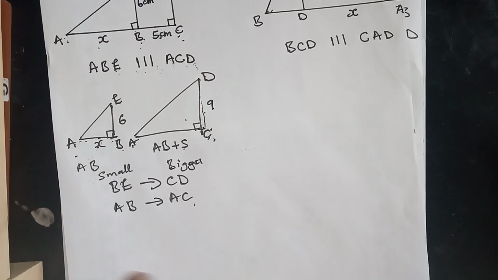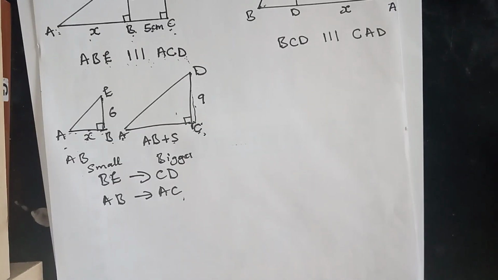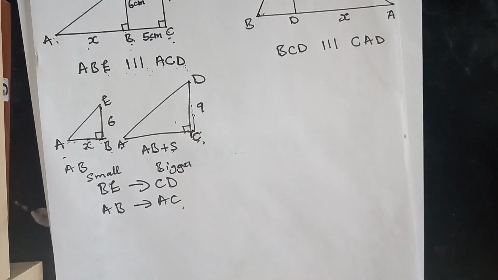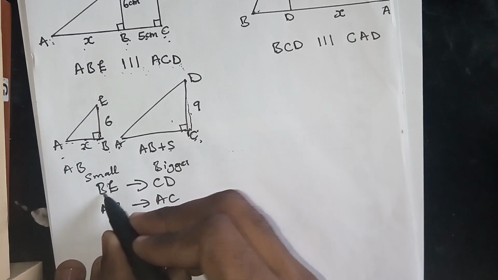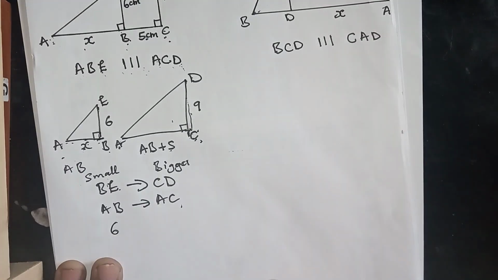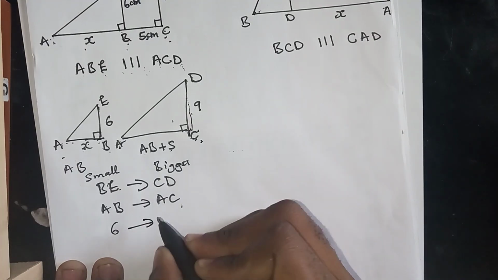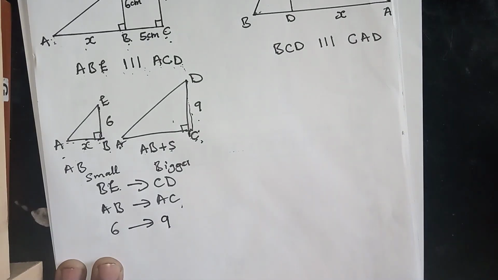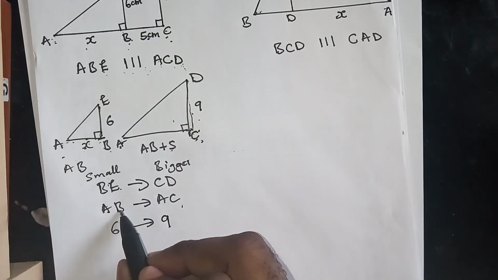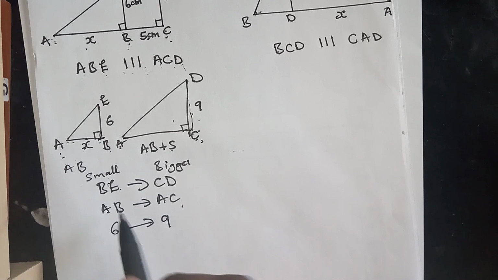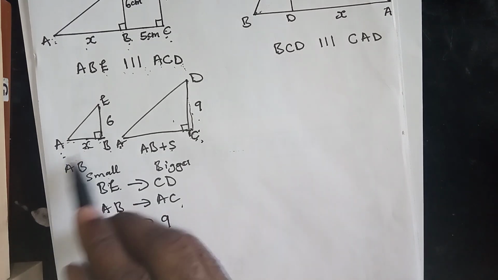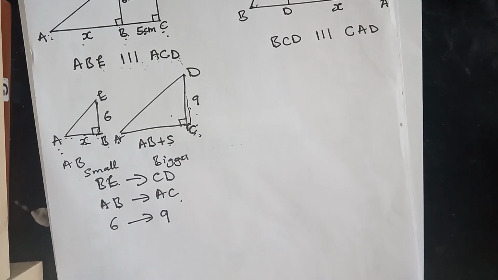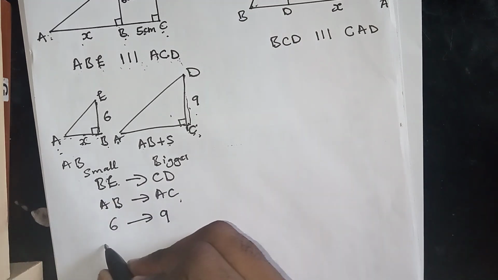So once you do this, it's just a matter of cross multiplication before you are done. So BE is 6 centimeters, and then CD is 9 centimeters. And then AB, you can either write it as X or you just leave it as AB. So I'll write it as AB.